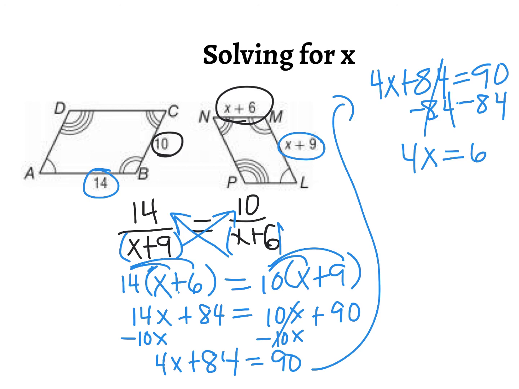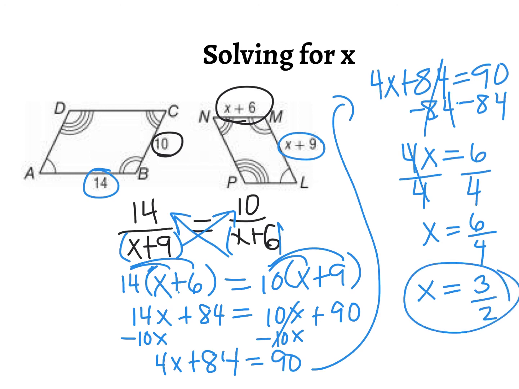To leave x by itself, since you're multiplying times 4, the opposite is to divide by 4. x equals 6 over 4. Or, if you simplify it, they're both divisible by 2. 6 divided by 2 is 3, and 4 divided by 2 is 2. We want to leave this as fractions because we're dealing with ratios instead of decimals that you have to round. All right?